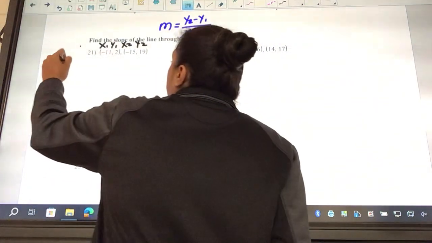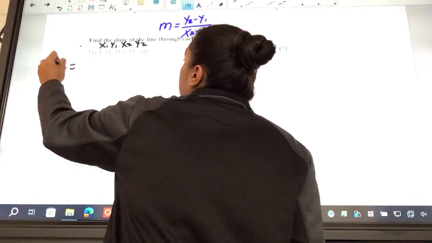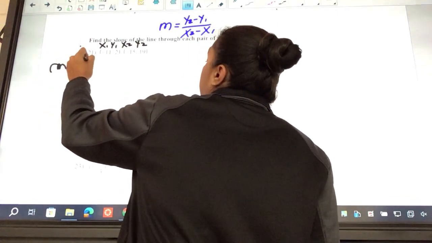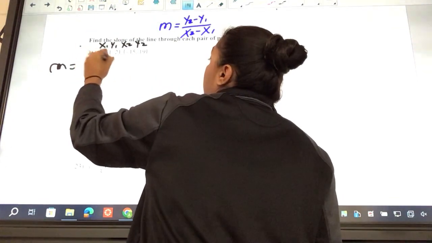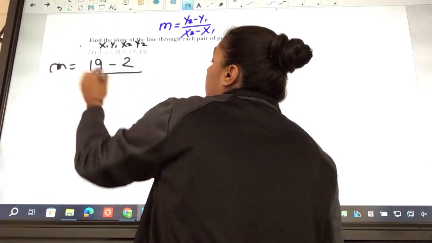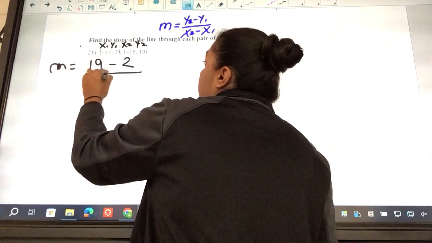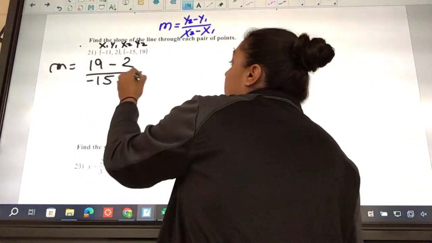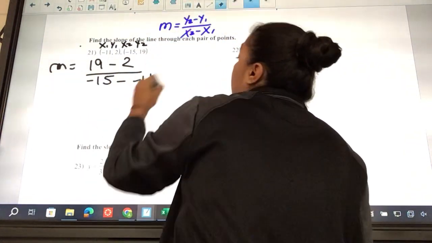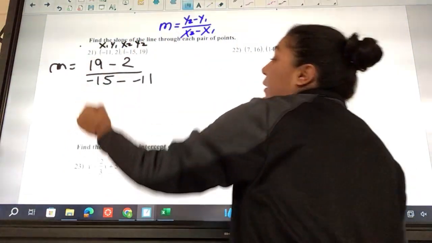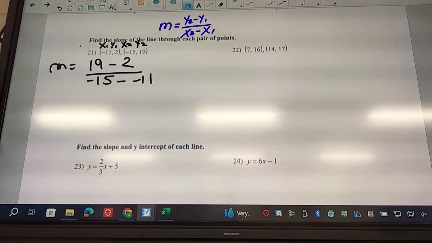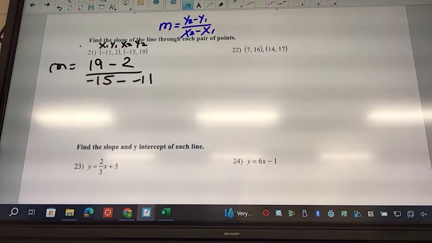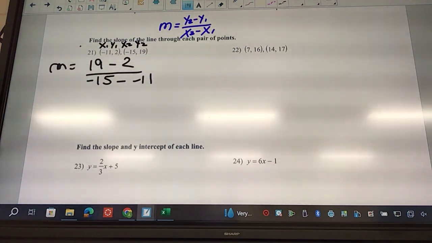So we're going to get m equals, my y2 is going to be 19 minus my y1, which is 2, over my x2, which is negative 15, minus my x1, which is negative 11. On your calculator, you can hit that fraction button and type it in exactly the way it looks, and it'll just spit out the answer.